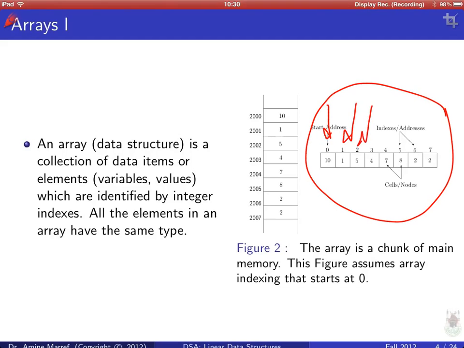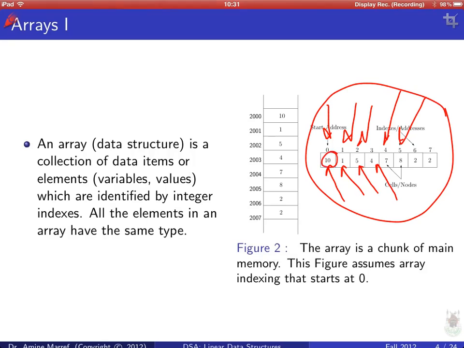Now, if we want the address of the second element, all we have to do is to add the index of the second element. So the address of A of 2 is going to be equal to 2000 plus 2, and that's going to be 2002.